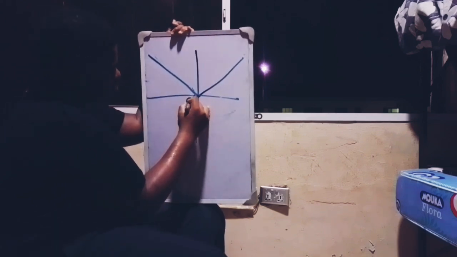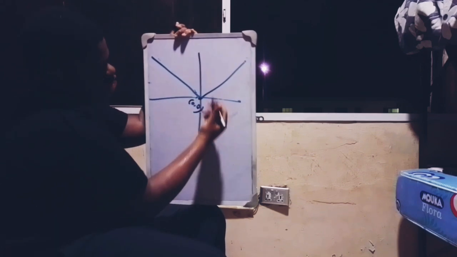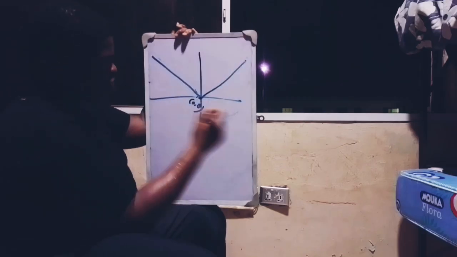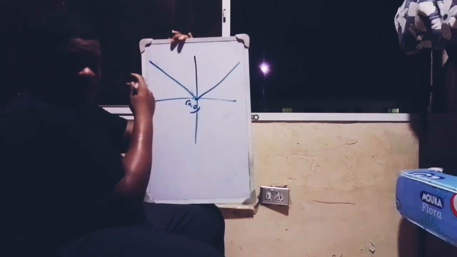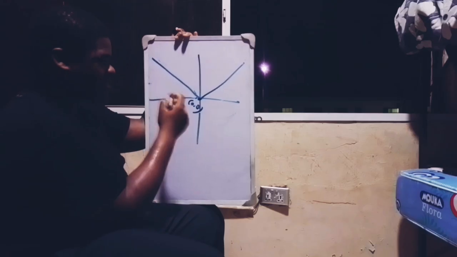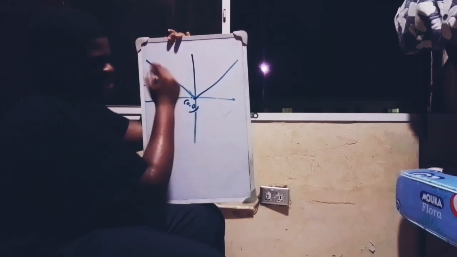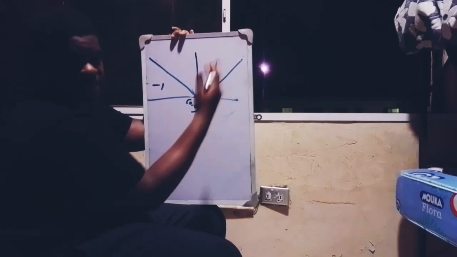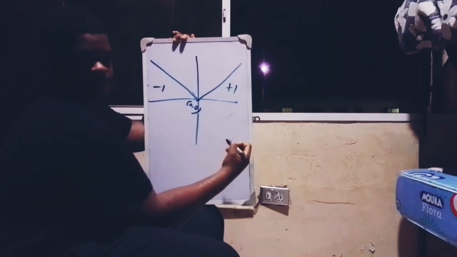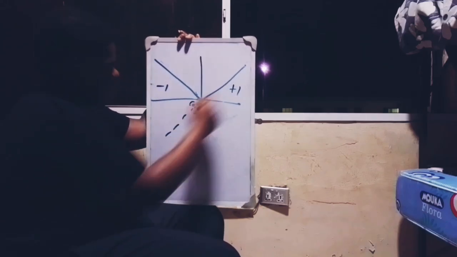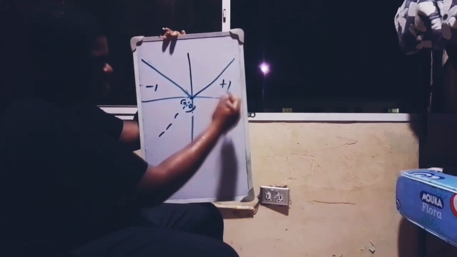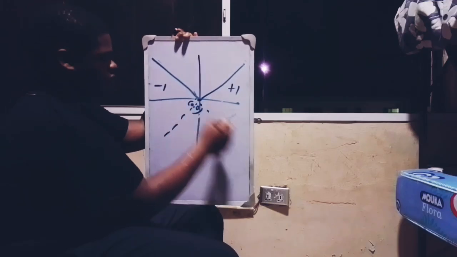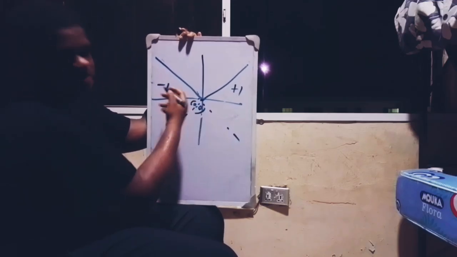This point here is 0, 0, and it's continuous at this point. But if you check the left hand side, the value of the derivative is minus 1. The value of the derivative at the right hand side is plus 1. This is a graph of y equals x, which means the gradient is plus 1. This is a graph of y equals minus x, which means the gradient is minus 1.